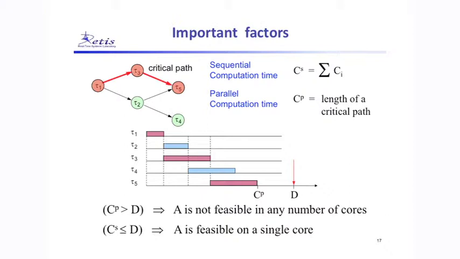Other important factors for the analysis, once specified these parameters, are the sequential computation time, which is basically the sum of all worst case computation times, and also the parallel computation time. By that I mean the length of the critical path, basically the longest path in the graph.